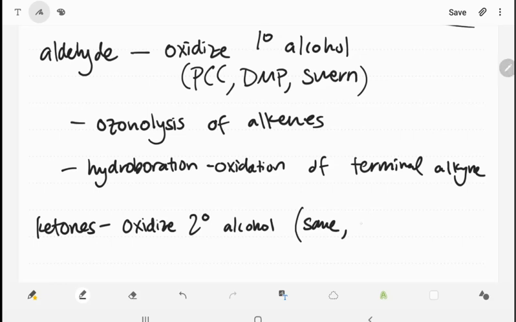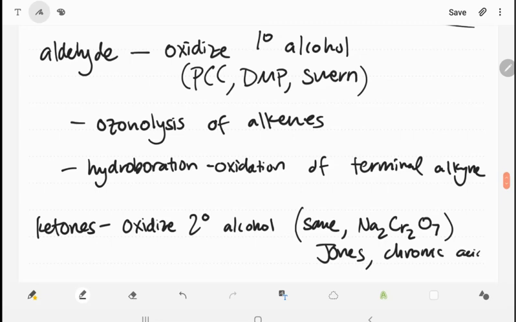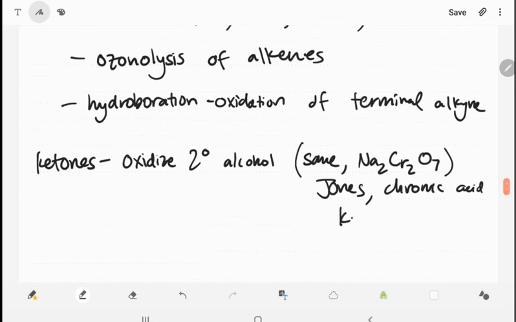You can use the same ones. You could also use dichromate, Jones, chromic acid, KMnO4. All of those will oxidize secondary alcohols to ketones.